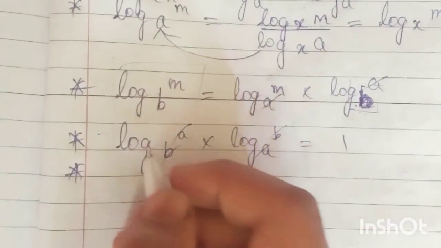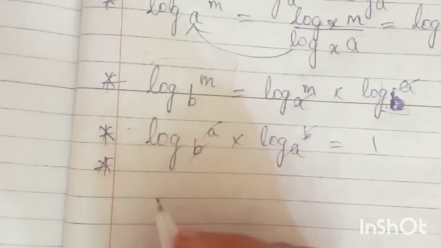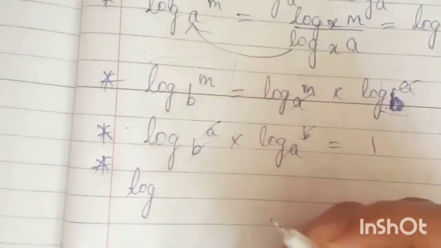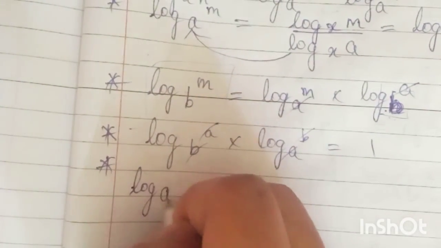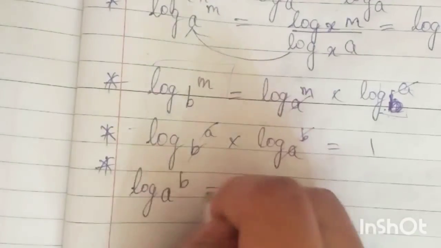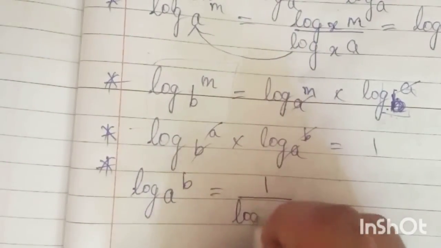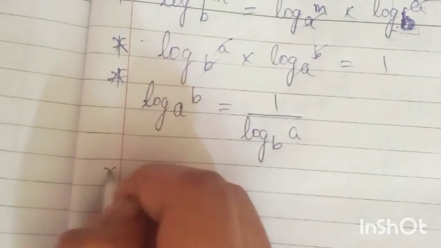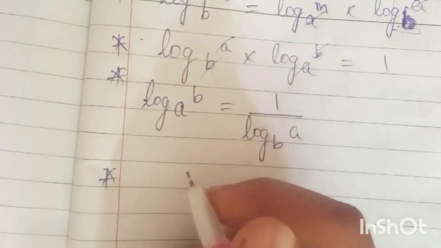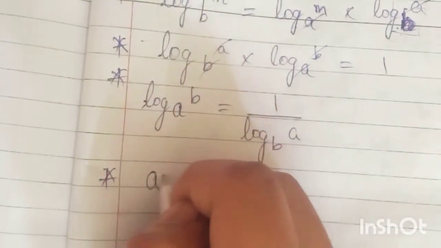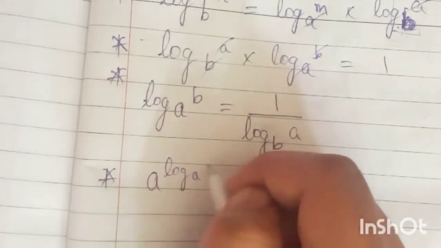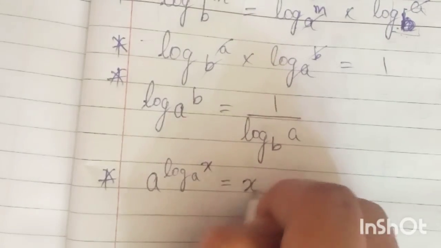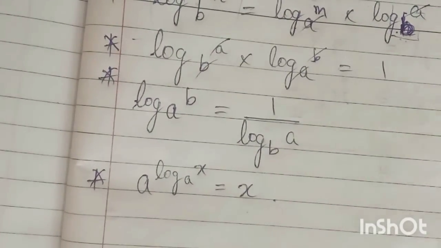Then next is the reciprocal formula: if I have log b to the base a, I can write this as 1 by log a to the base b. And last is a to the power log x to the base a, then I get the answer x. I explained already why it comes.